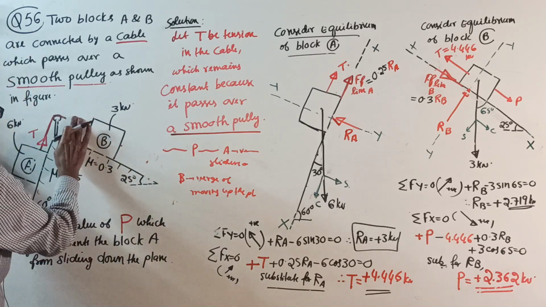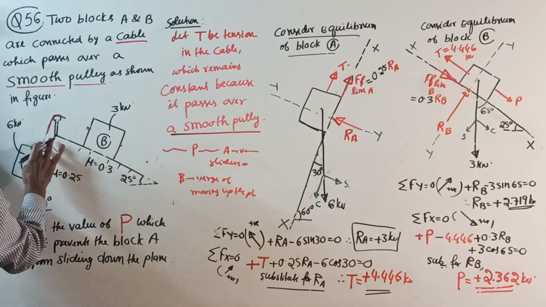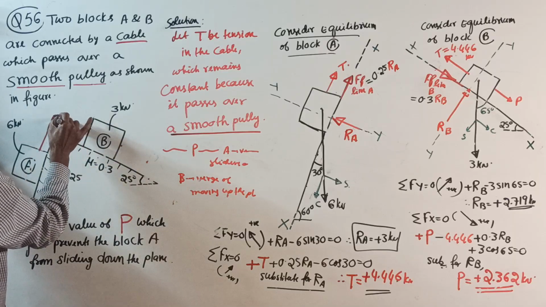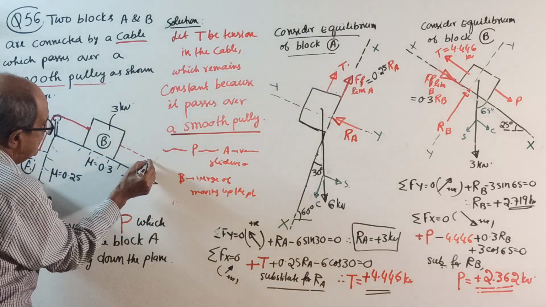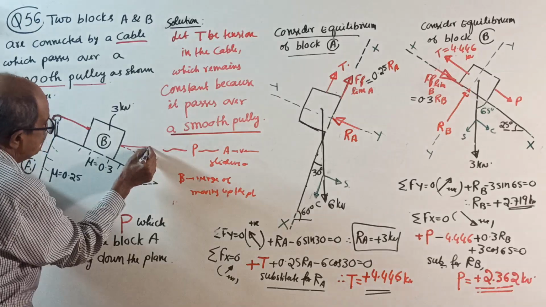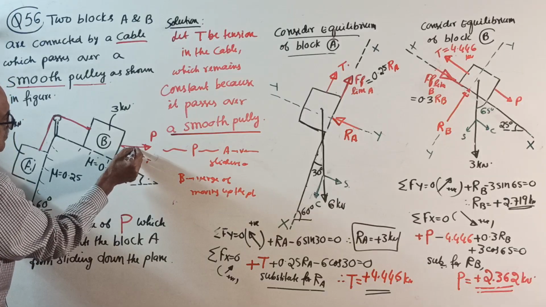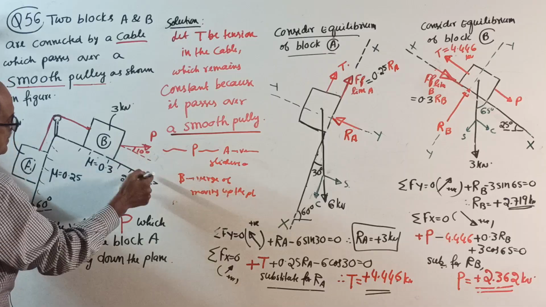In the question nothing is given. T we are marking later. I told you, don't mark T in the beginning. In the question they are not giving any T. This way force. Inclined force I will give you, which makes an angle of, say, 10 degrees with this plane.